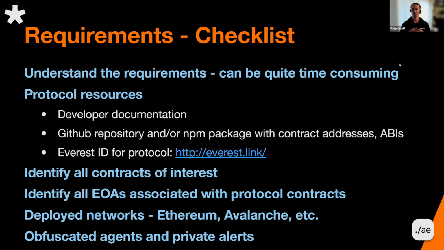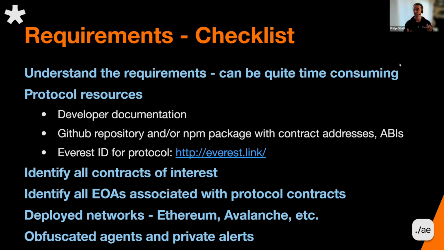There are a wealth of resources for protocols out there. I encourage you to find the developer documentation links on all of these protocols, find their GitHub pages, any NPM packages, document all of this and keep it in a central location so you can refer back to it as you're making the agent. It will save you so much time and you'll be glad you did it.